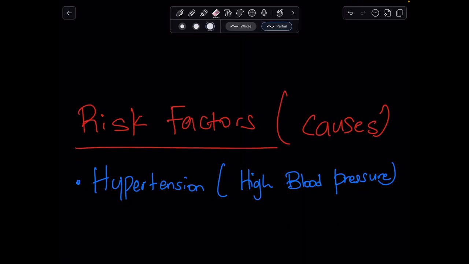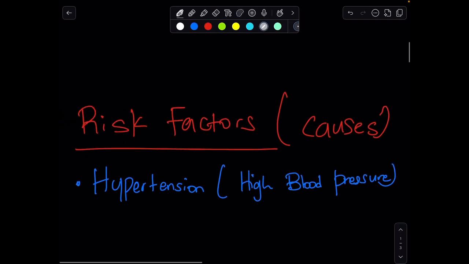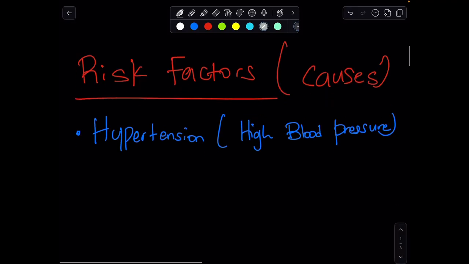One of the first things that we're going to talk about is hypertension. Hypertension is also known as high blood pressure. What we know about high blood pressure is that the intensity of the blood in the blood vessel is high, basically. It's self-explanatory. So the pressure in the blood vessel is high, which is why it's called high blood pressure. So think of a hose.